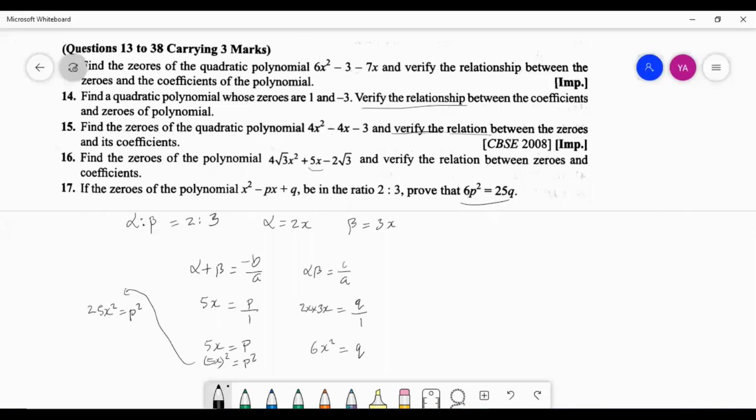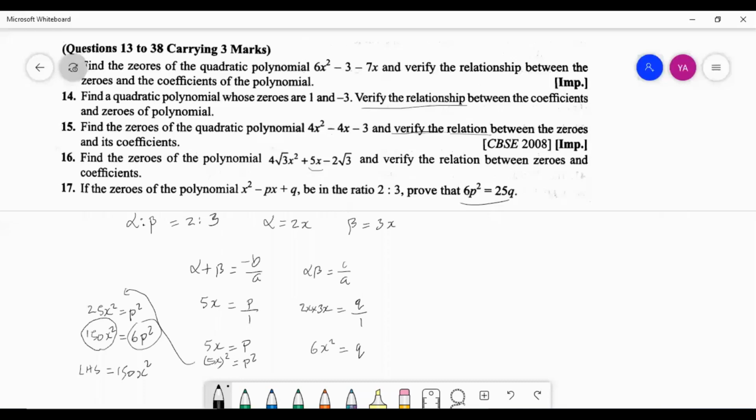Now you multiply both sides by 6. 6 into 25x square means 150x square, that is equal to 6p square. That is the LHS. 6p square, the LHS, is equal to 150x square.